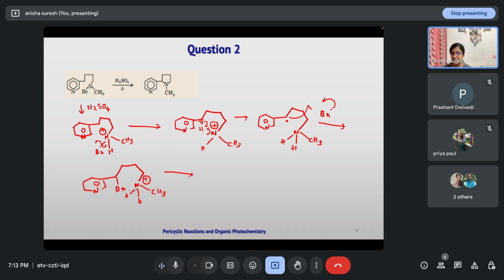Then any base can abstract the proton from the nitrogen, leading to neutralization of this positive charge. Okay, so minus H plus, it will lead to NHCH3. So the lone pair on nitrogen will be free now. It can attack this in SN2 fashion, leading to bromine elimination.